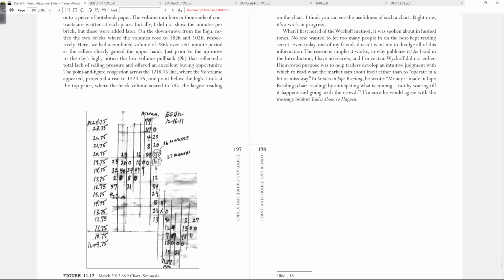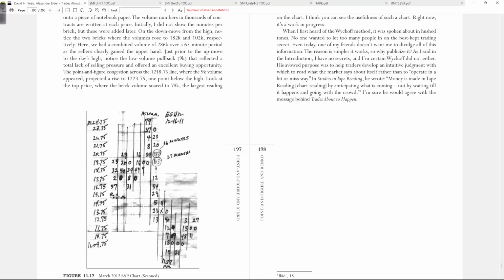So here 182k and 102k, respectively, we had a combined volume of 286k over a 63 minute period, as the sellers clearly gained the upper hand just prior to the up move to the day's high. Notice the low volume pullback, 9k, that reflected a total lack of selling pressure and offered an excellent buying opportunity.